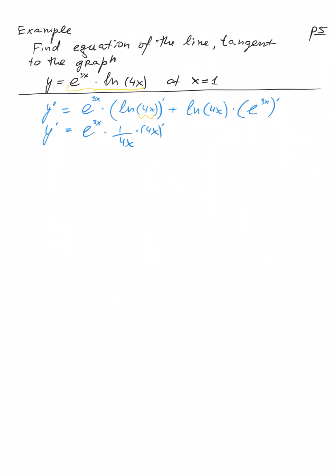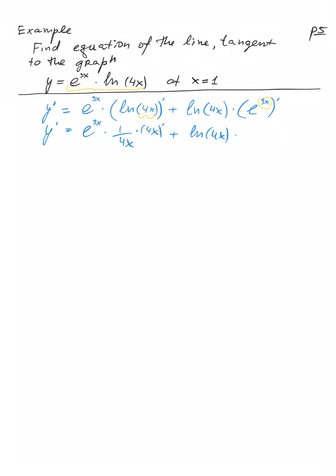Right now I'm going to write every single step, plus ln of 4x, and then the derivative of this, again, is going to be a chain rule because I have a function in the exponent.